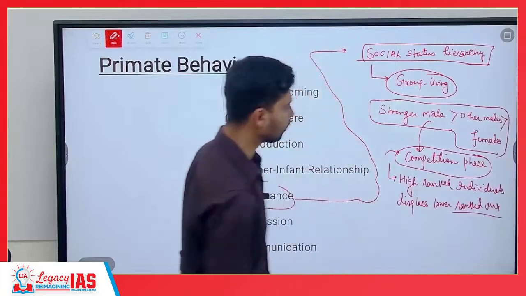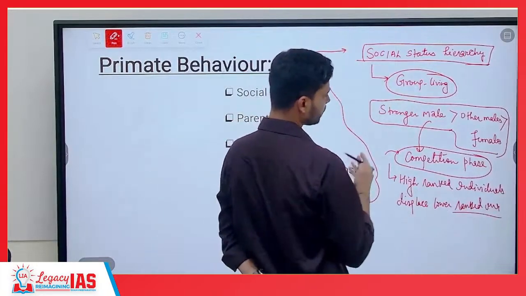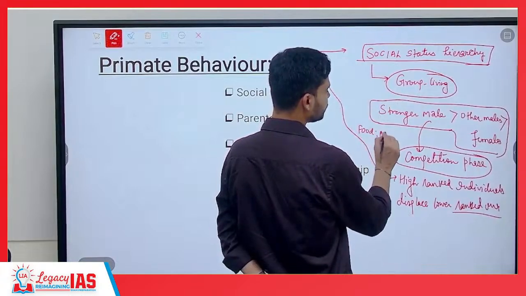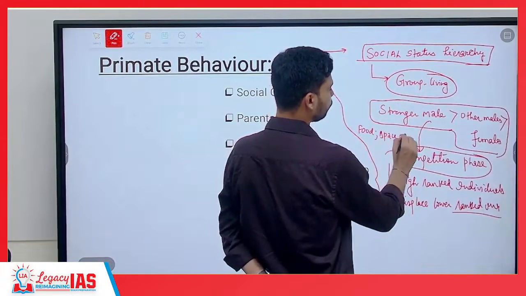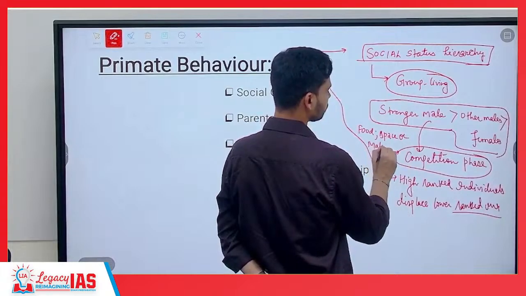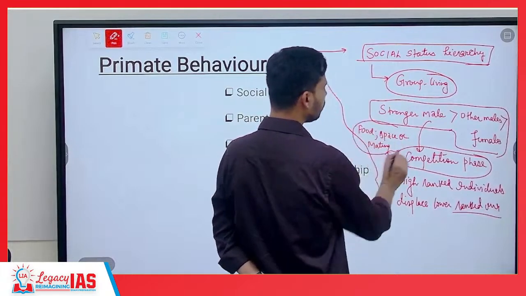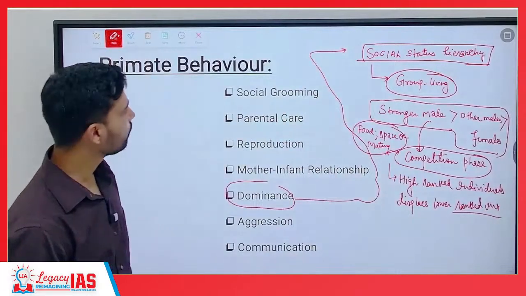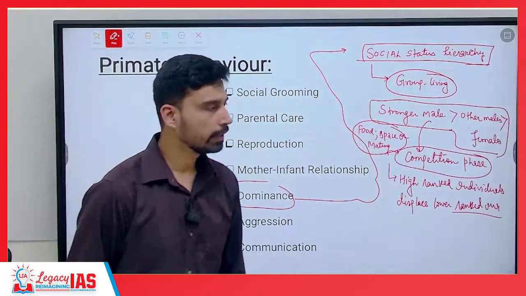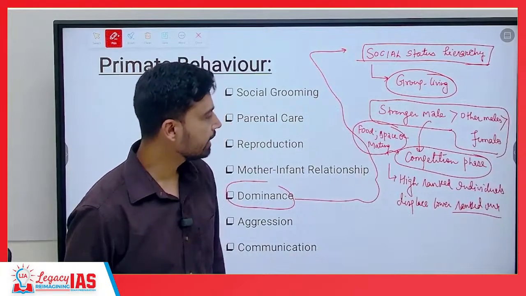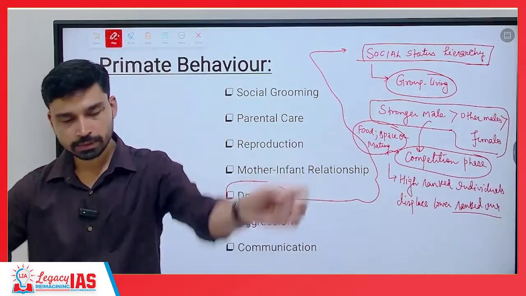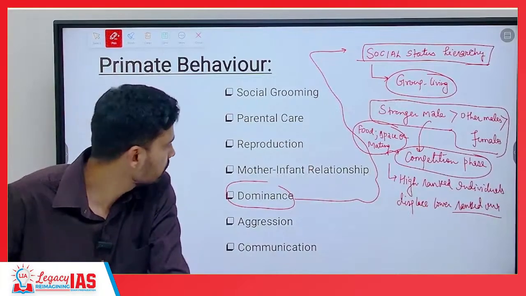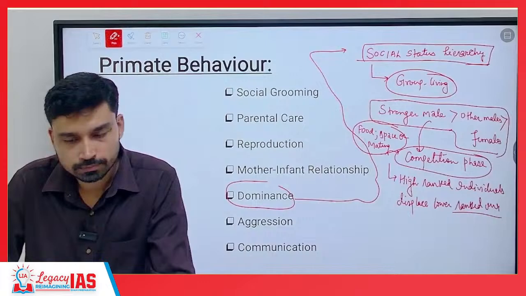Competition can be for several things, largely for food, for space, or for mating. For all of these three, the high ranked individuals have the upper hand as compared to the lower ranked individuals.